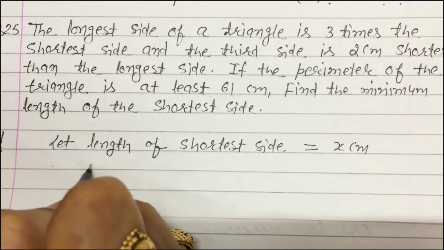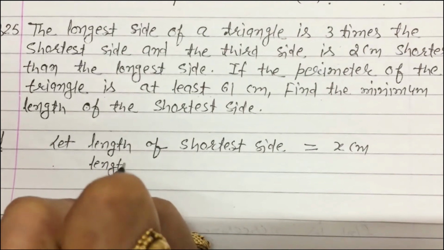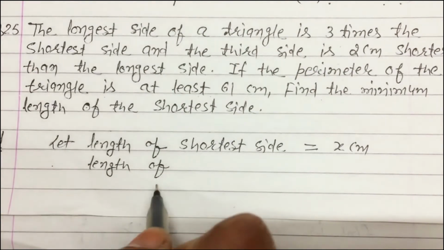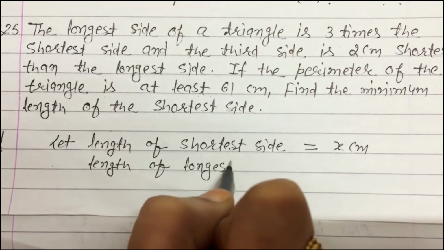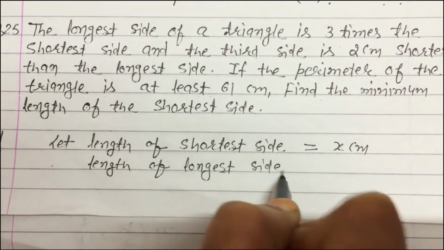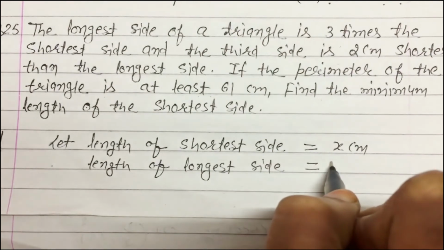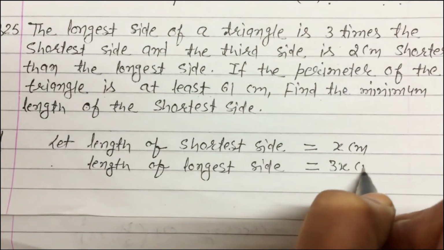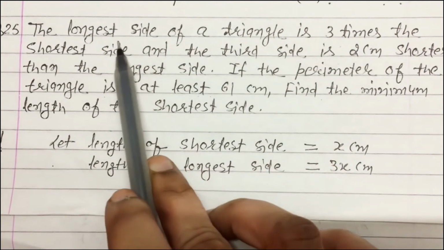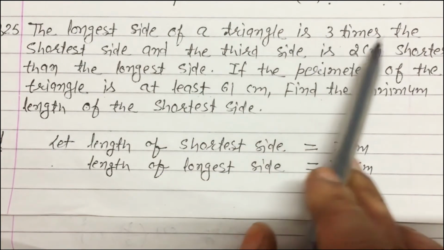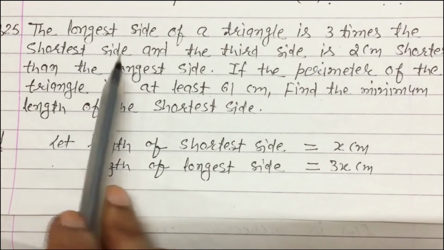Then the length of the longest side will be 3x centimeter. It is given in the question that the longest side of a triangle is 3 times the shortest side.